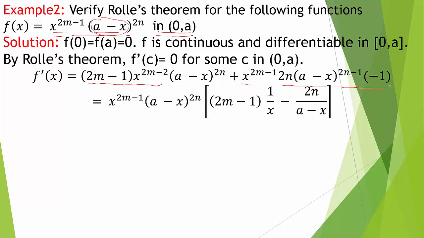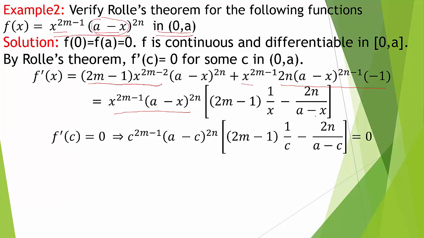If we take some terms common, that is x raised to 2m minus 1 and (a minus x) raised to 2n, these two terms common, then there will remain (2m minus 1) divided by x minus 2n divided by (a minus x). Now, by Rolle's theorem, we know that f dash c equal to 0.